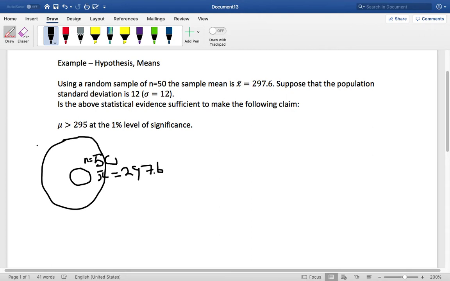And the population standard deviation, not the sample one, the population one, is 12. And they want us to use a significance level, or a level of alpha, of 1%. And the hypothesis they're giving us to check is that the mean is greater than 295.